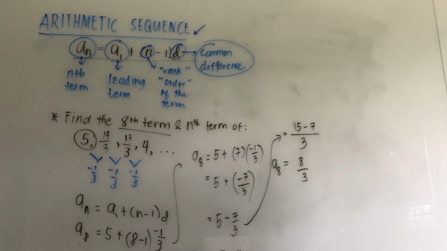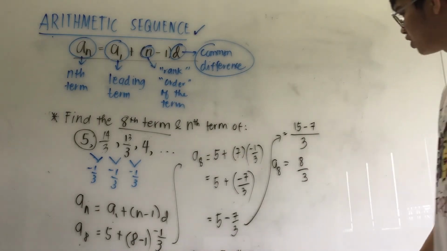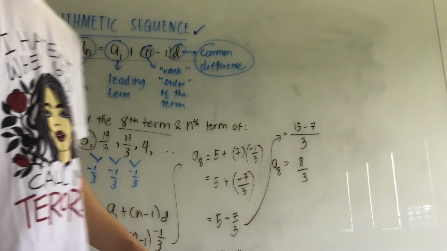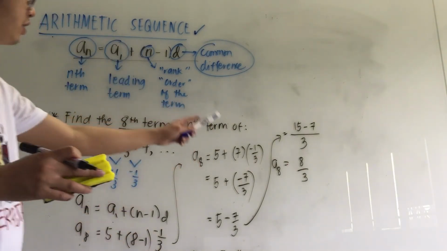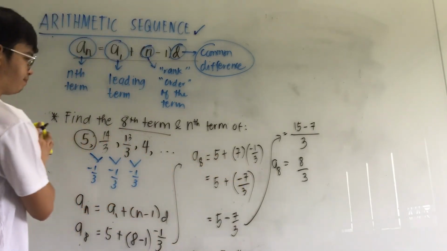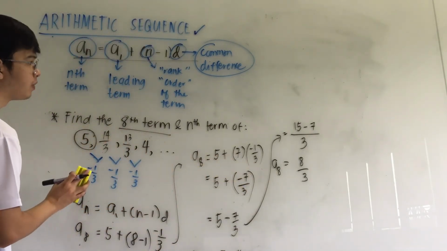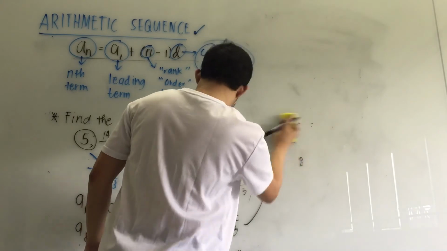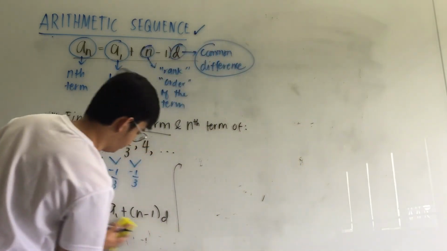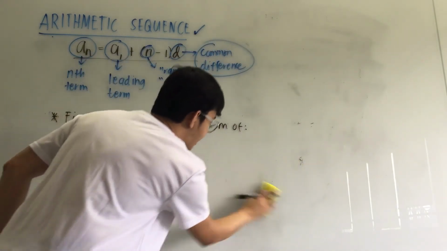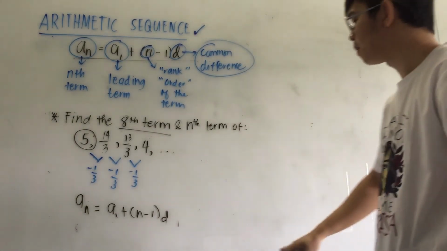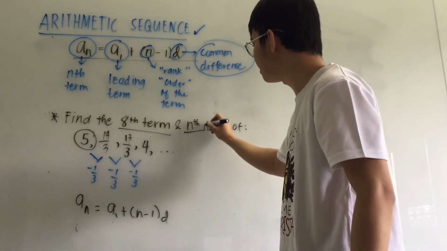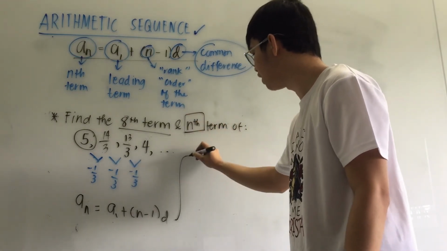Now, let's now solve for the nth term. Okay, let me just erase this so we will have enough space. Again, this is 8 over 3. Again, it is still arithmetic, but in this case, n is not explicitly stated, therefore we just have to solve for the nth term.